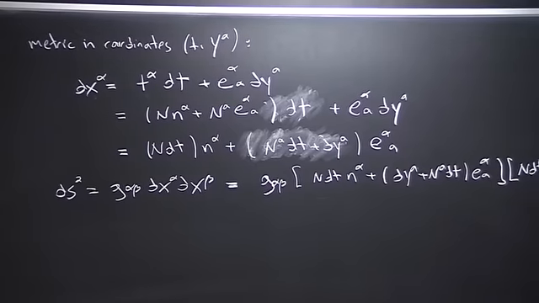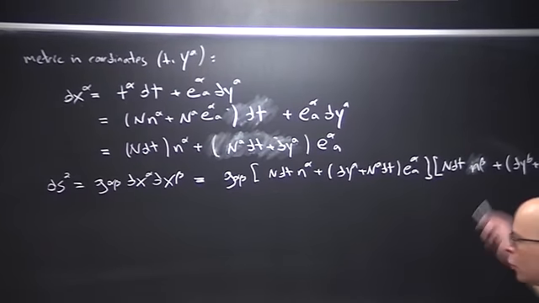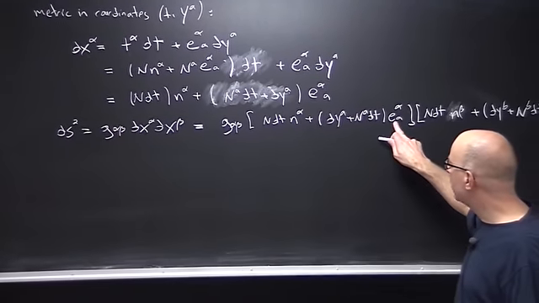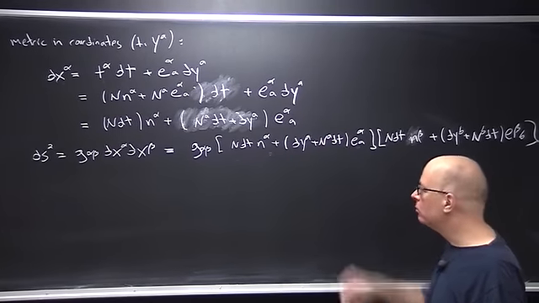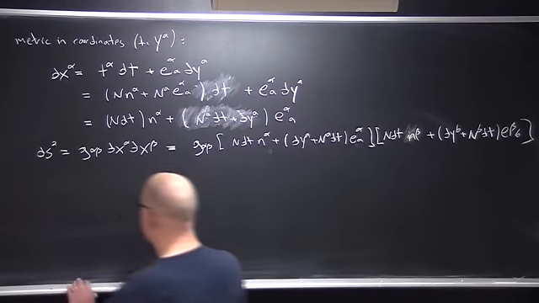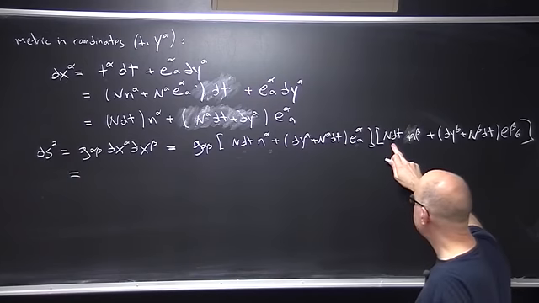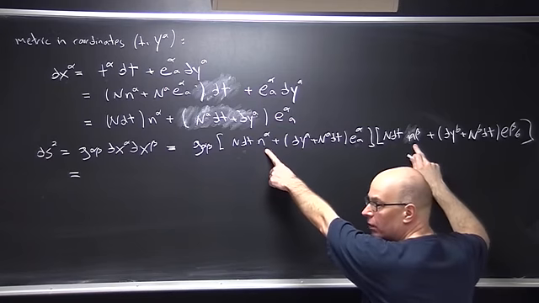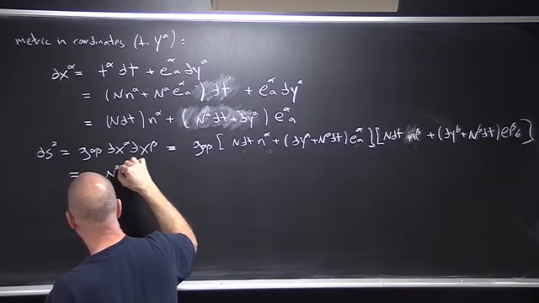And I multiply it through, but that's going to be easy because there will be no cross terms because those vectors are tangential, this vector is normal, and the cross terms will all go away. So what do we get in the end? We get n dt that multiplies n dt times minus 1. So we get minus n squared dt squared.